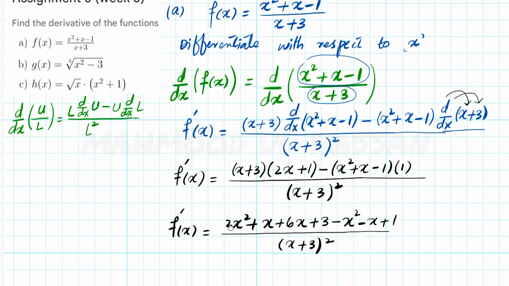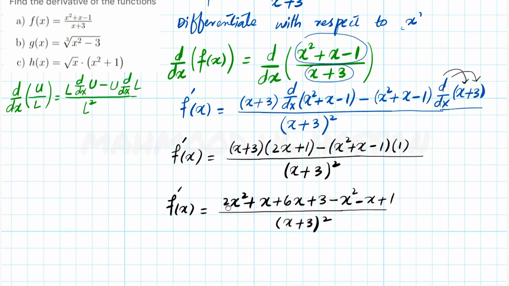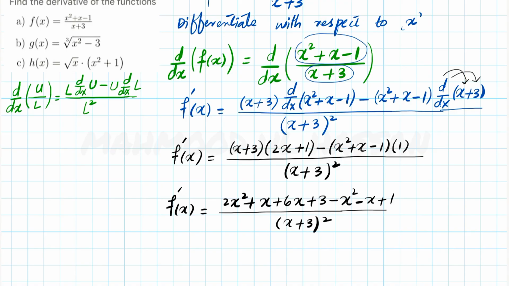Now we are going to simplify the numerator. So here we have f prime of x is equal to 2x squared minus x squared, which becomes x squared, and this x will cancel out with this x, so we are left only with plus 6x.